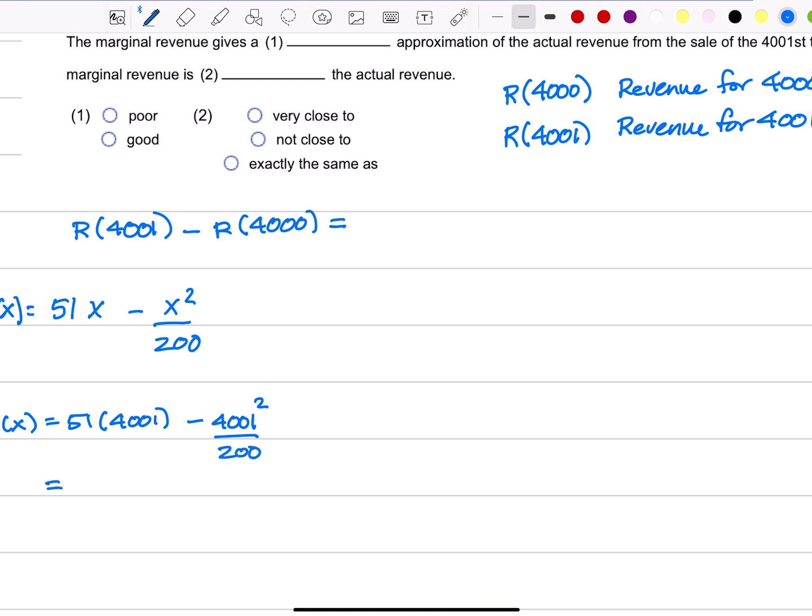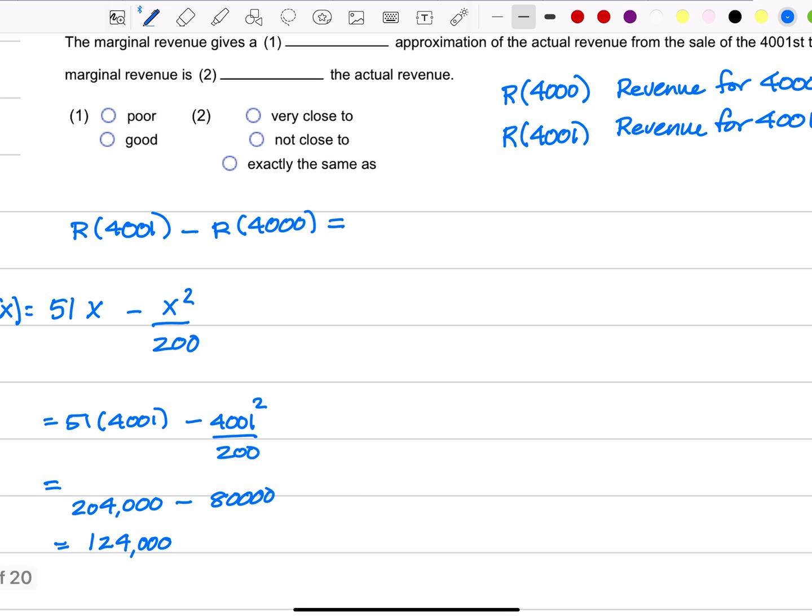You can do that on your calculator. It's 204,051. I'll do it in parts so you can see if you're missing it in certain parts. Minus 80,040. And that turns out to be 124,011. Okay, this is R of 4,001, all 4,001 tables.